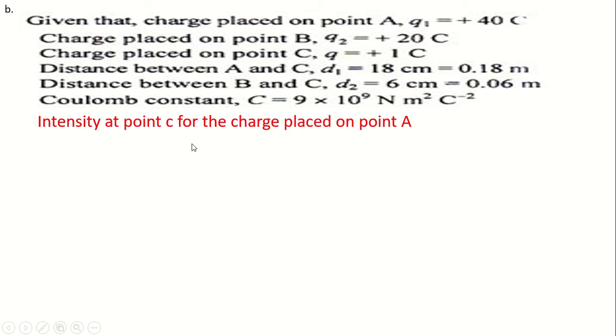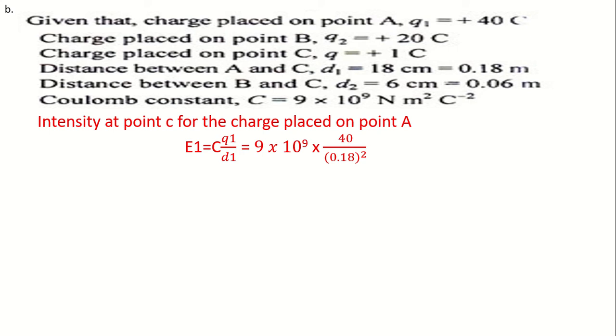So we have to show for which charge the intensity at point C is greater. So the intensity at point C for the charge placed on A is: if a unit positive charge is placed at point C, then the charge will experience a force.